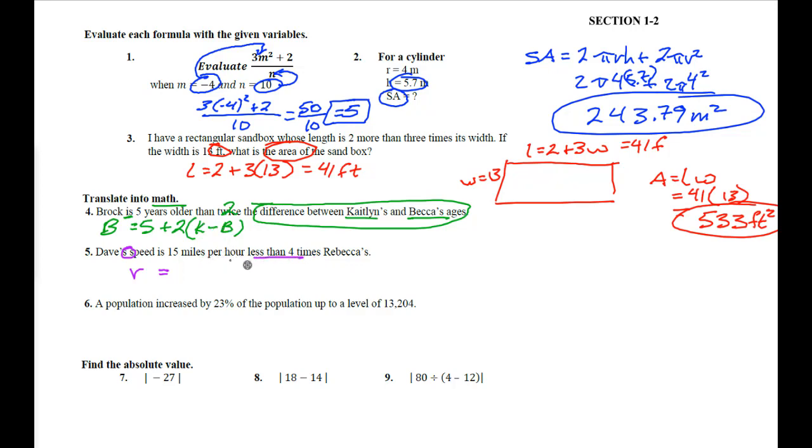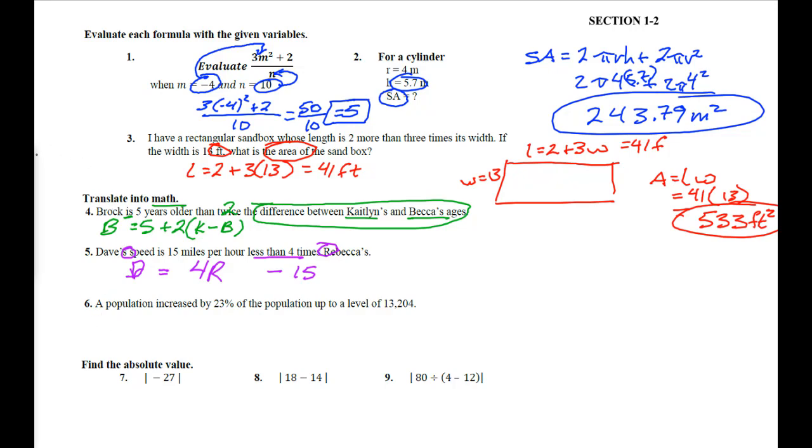Less than means that 15 miles per hour has been subtracted from 4 times Rebecca's. So 4 times Rebecca's minus 15 is Dave's speed. I'll put a D here for Dave. There we go. Dave's speed is 15 less than 4 times Rebecca's.